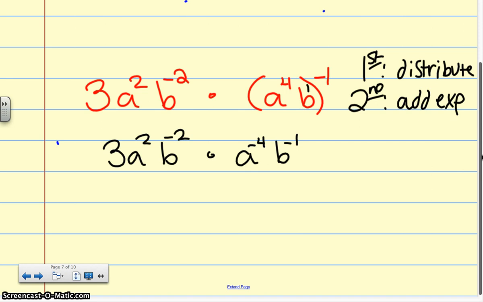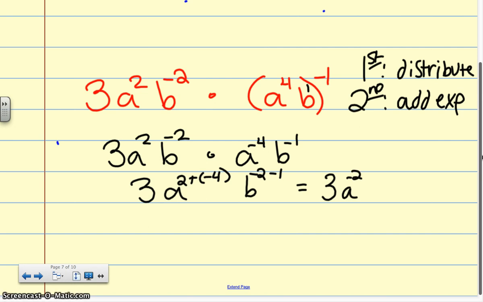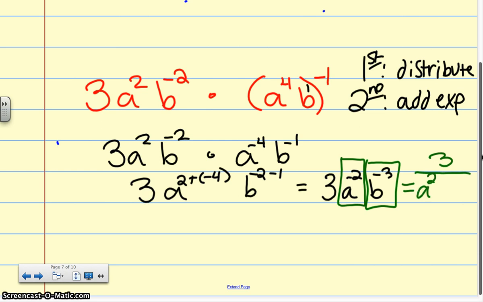Okay, so I get 3 times a to the 2 plus the negative 4, times b to the negative 2 minus 1, which turns into 3a to the negative 2, b to the negative 3. I have negative exponents. They are going to get replaced. So I have 3 left on top. A squared b cubed, final answer.